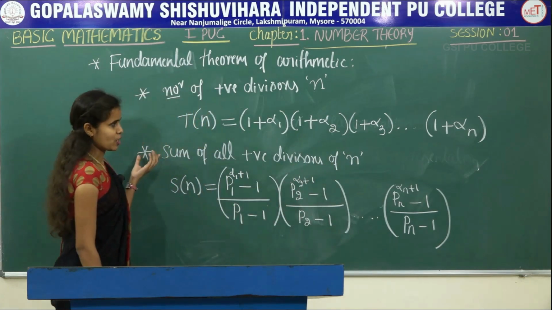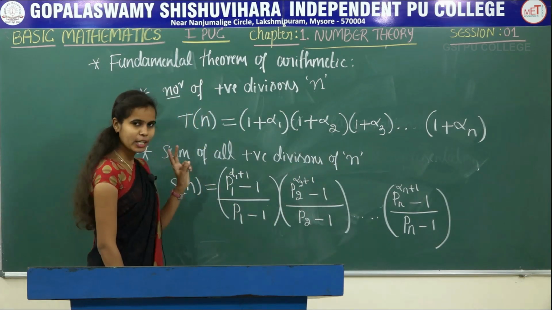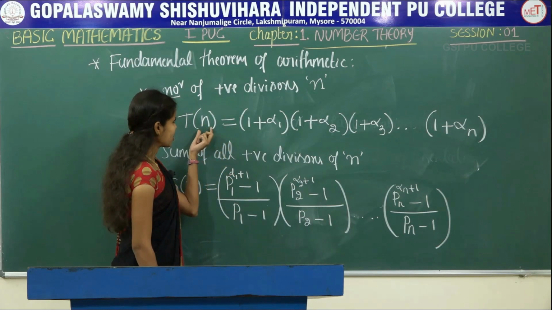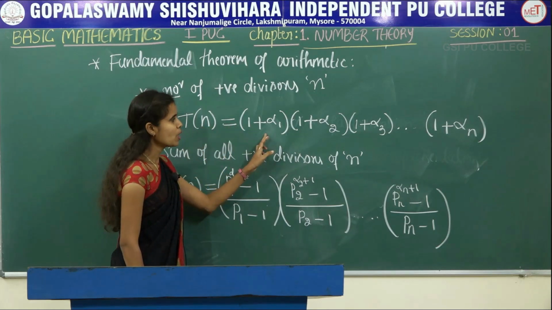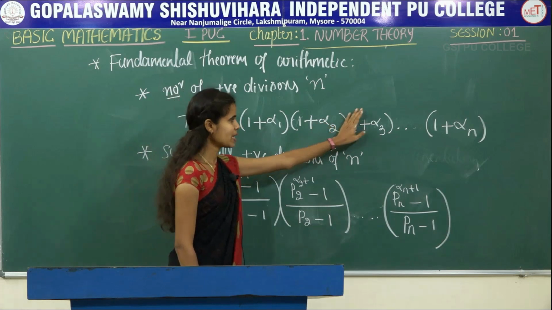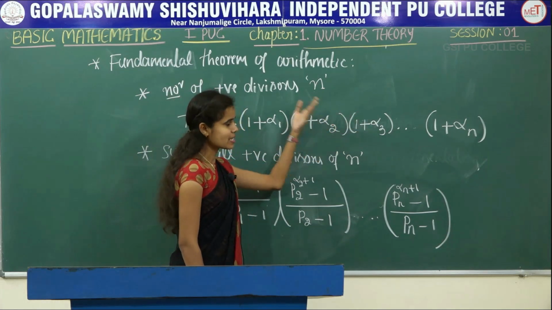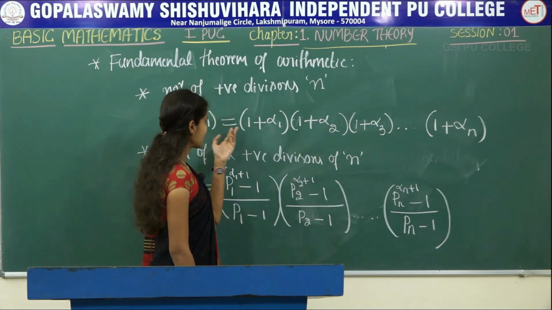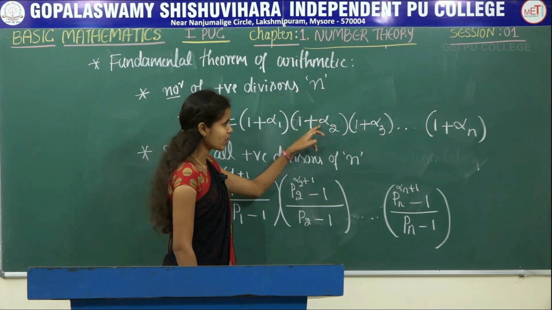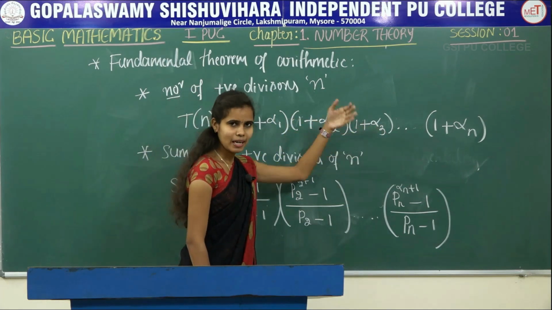Suppose we have only two prime numbers, then the formula becomes T of n is equal to (1 plus alpha 1) into (1 plus alpha 2). If it contains three prime numbers, the formula becomes (1 plus alpha 1) into (1 plus alpha 2) into (1 plus alpha 3).